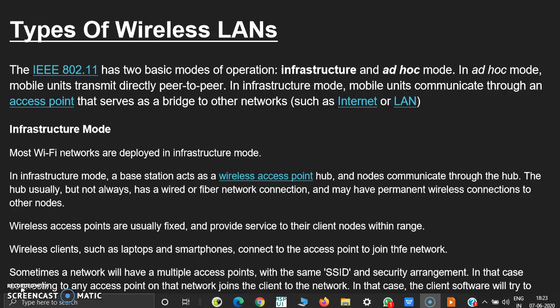Most Wi-Fi networks that we use in our daily life are deployed in infrastructure mode, as we use routers or other equipment that work as the central node. In infrastructure mode, a base station acts as a wireless access point hub, which is the central node, and nodes communicate through the hub.